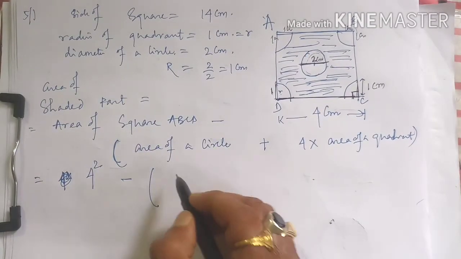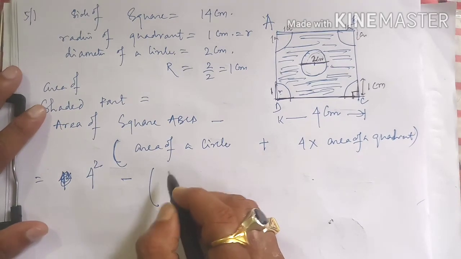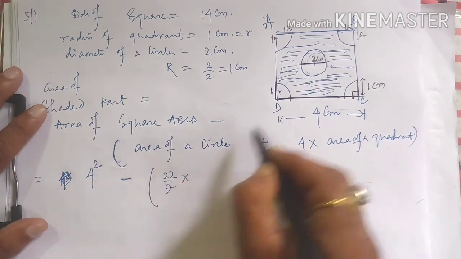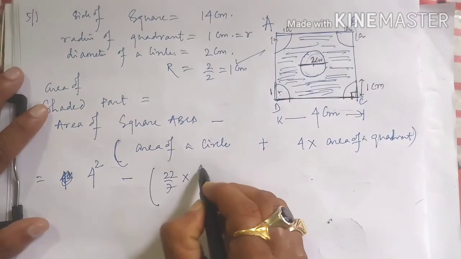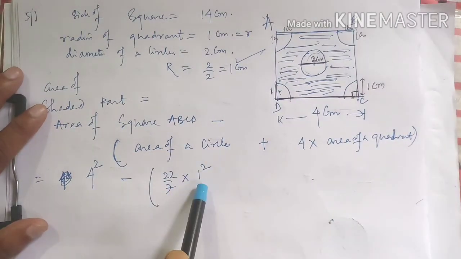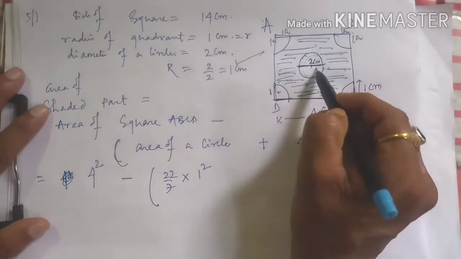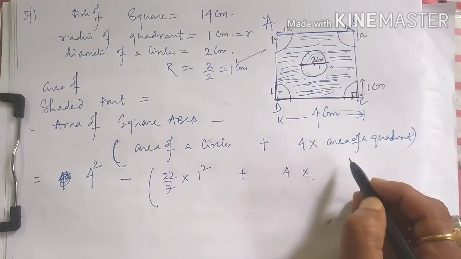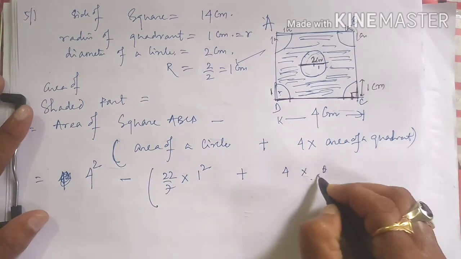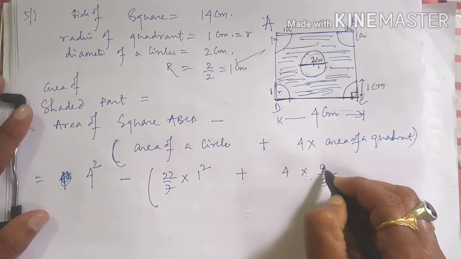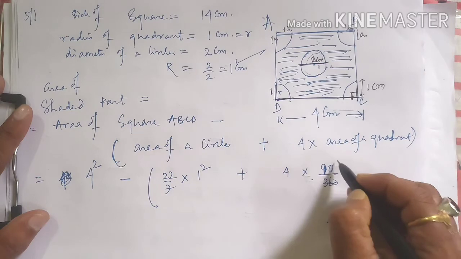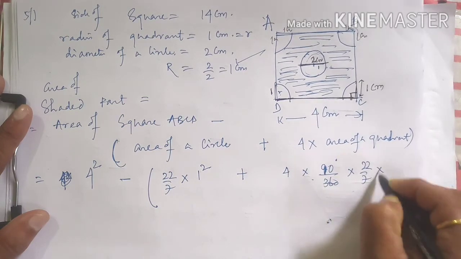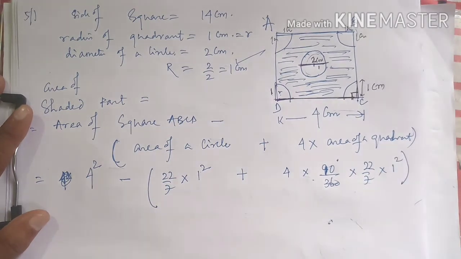Minus area of a circle, pi r square. Pi r square means 22 by 7 into 1 square, as the radius is 1. Are you clear? Plus 4 into area of a quadrant, that is theta by 360, and theta I am applying here 90 degree, theta by 360 into pi r square, means 1 square.